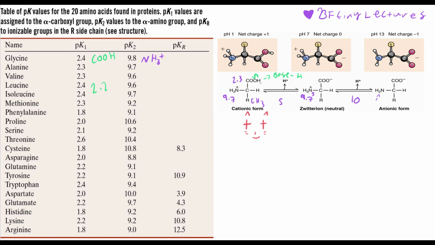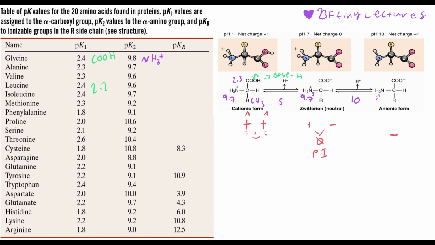Alright, so if we lose a hydrogen right here on the carboxyl section, you're going to become neutral, because that's a positive and that's a negative, and together they make a neutral. And that's what we want. We want to find the pI value for that, okay? And over here, you have nothing and a negative. So overall, that is a negative. So that is the anionic form.